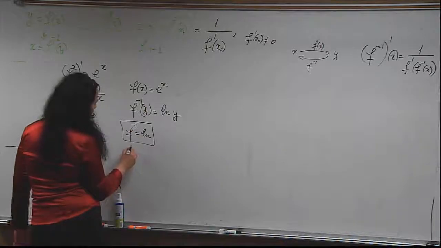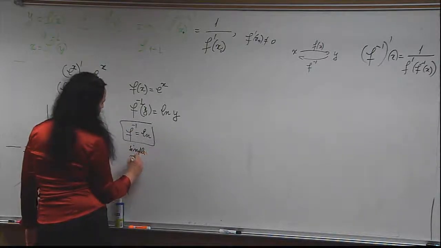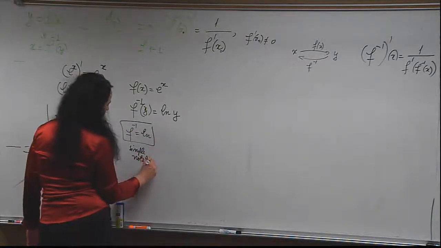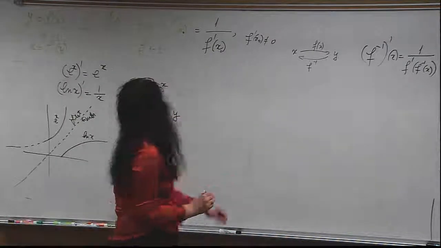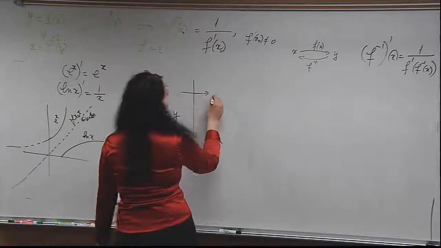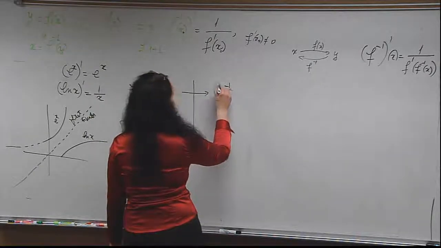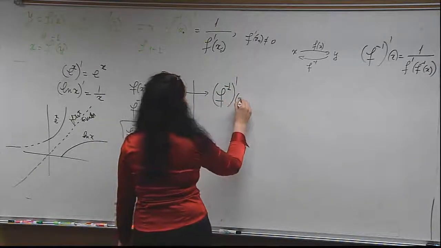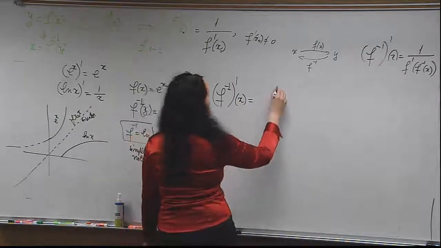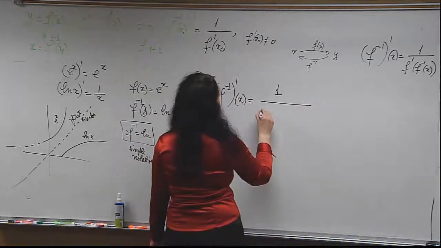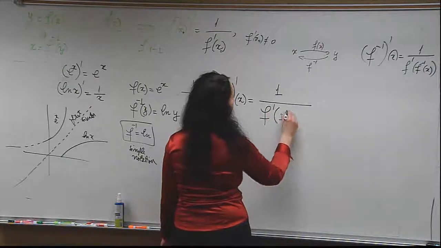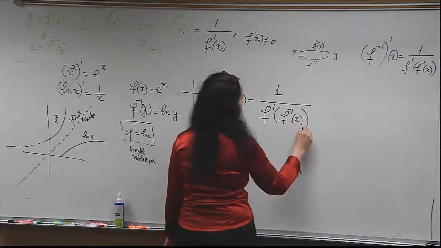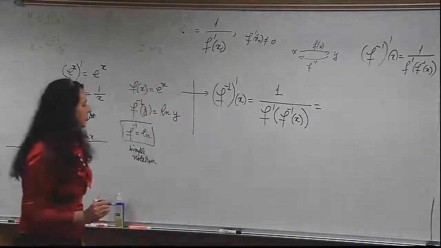Let's say in a simple way to write it, simple notation. According to that formula, how would you do the math? You go f inverse prime of x must be 1 over the derivative of f with respect of f inverse of x. So you go, wait a minute, okay.